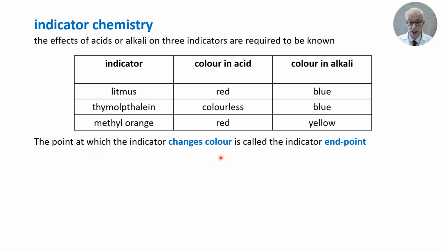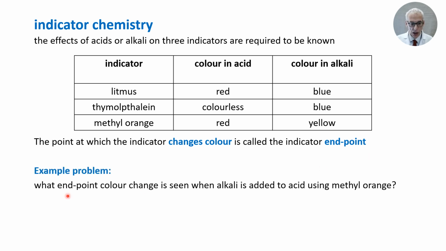The point at which the indicator color changes is called the indicator endpoint. So a typical exam problem would be, what endpoint color change is seen when alkali is added to acid using methyl orange as indicator?